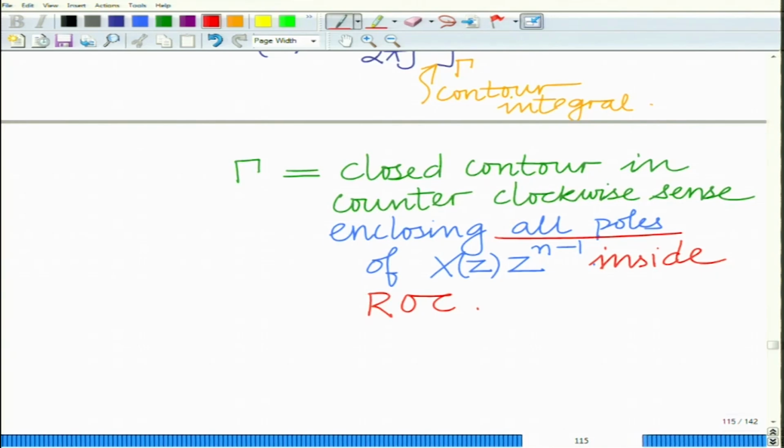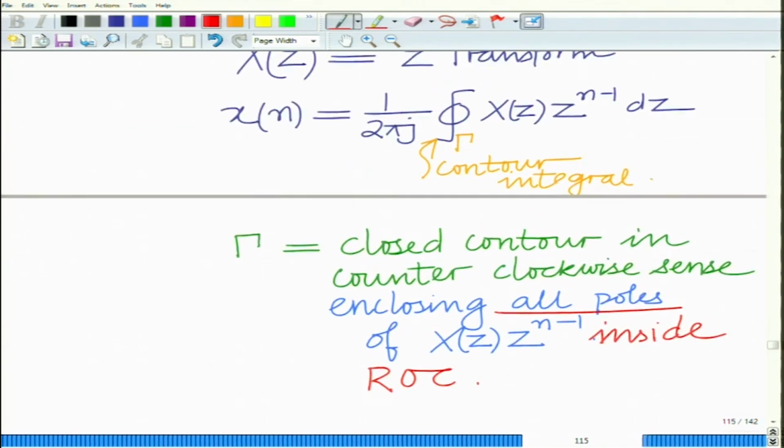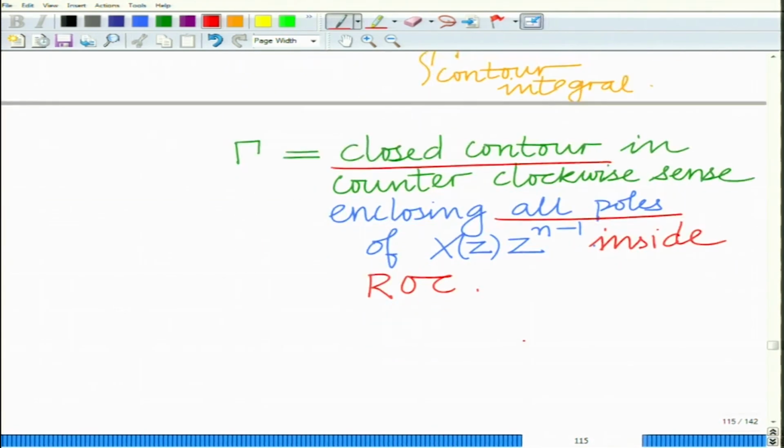So, you can show that x(n) equals 1 over 2 pi j, the contour integral over this contour gamma of X(z) times z^(n-1) dz, where gamma is a closed contour in the anti-clockwise sense that encloses all the poles of X(z) z^(n-1), and the contour is inside the ROC.